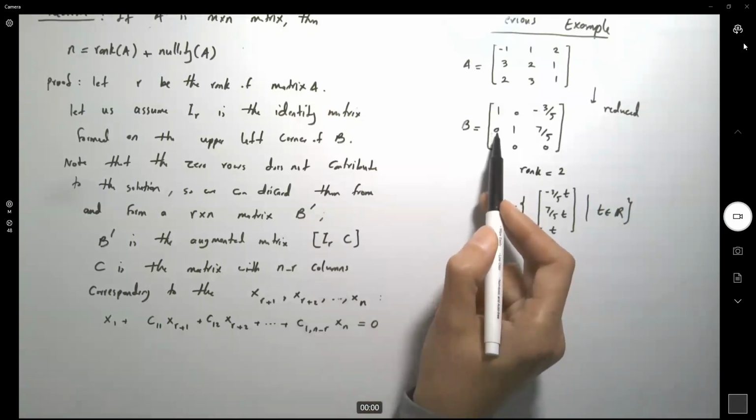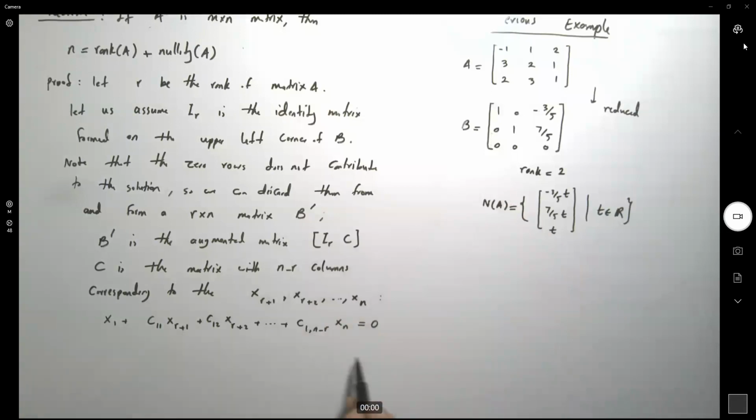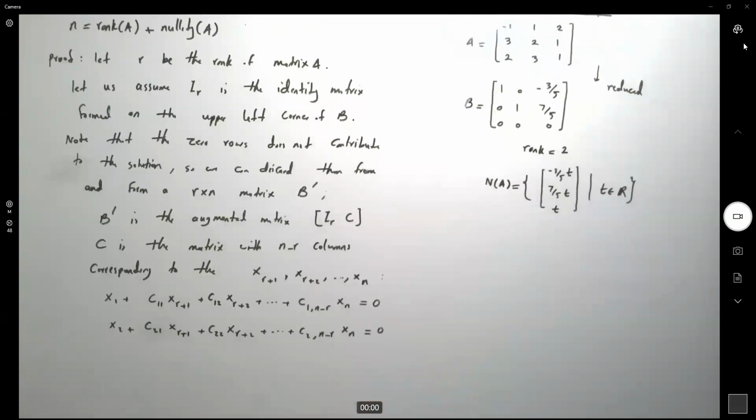This guy is 0, so you don't have any x1 in the second row here. You get x2 plus c sub 2,1 x sub r plus 1 plus c sub 2,2 x sub r plus 2 plus the rest of the elements, plus c sub 2, n minus r, x sub n is equal to 0, and you can continue this process.